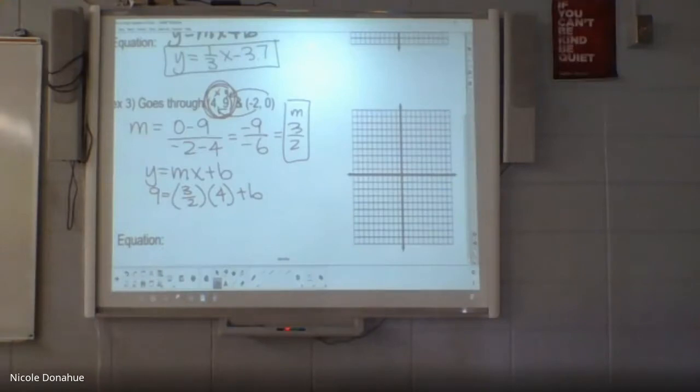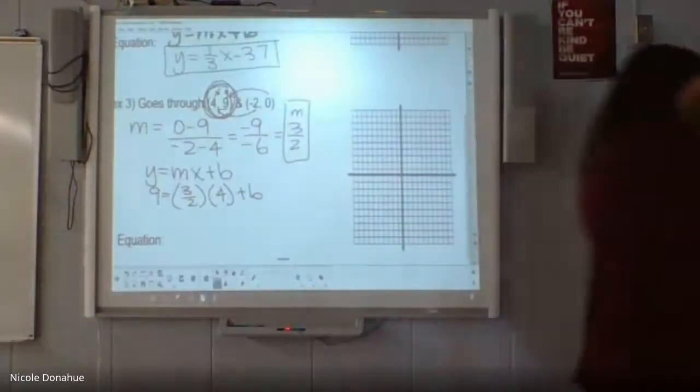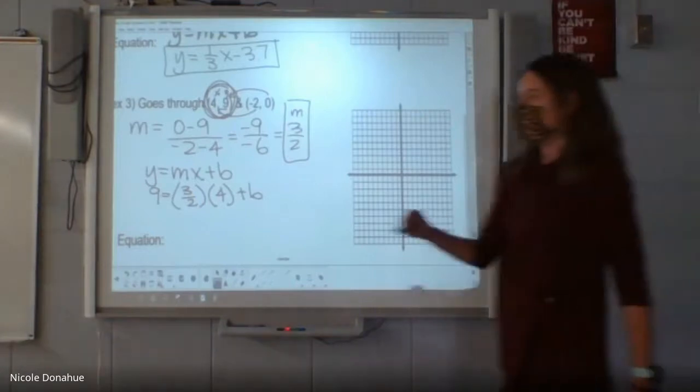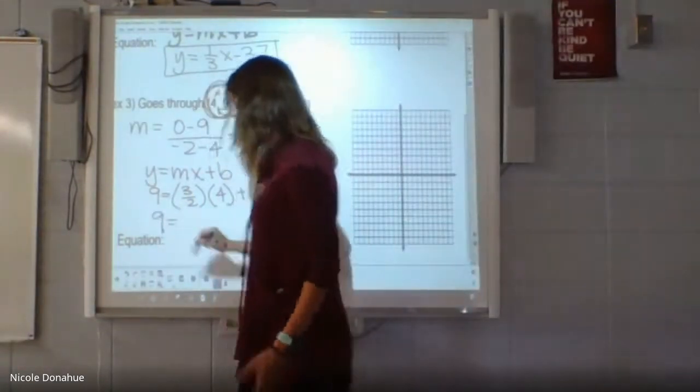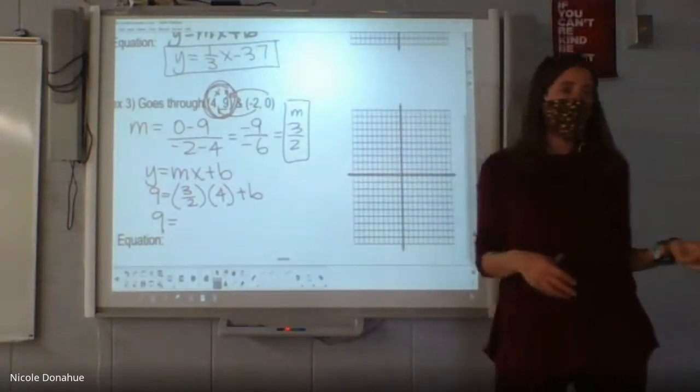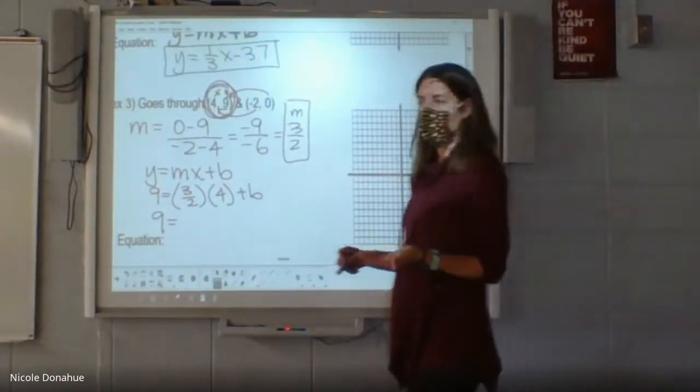Now again, if you need a calculator for 3 over 2 times 4, that's perfectly fine. I don't mind fractions, but again, I chose to be a math teacher as my job, so obviously fractions don't really scare me. It's really not that big of a deal, but if you're grabbing a calculator, perfectly fine. I believe it should be 6, right? 3 halves times 4.